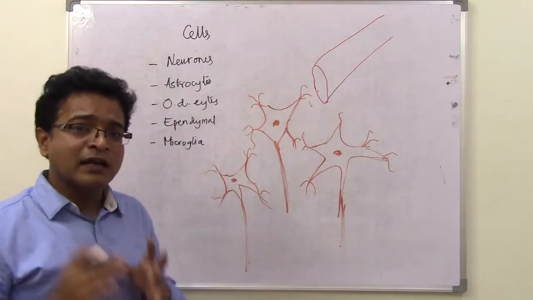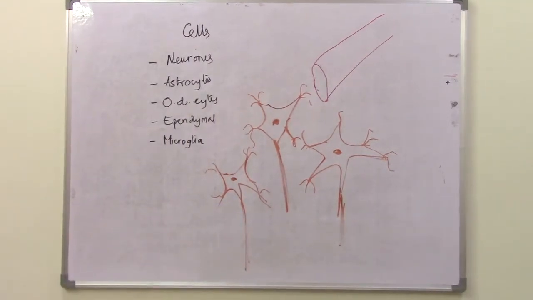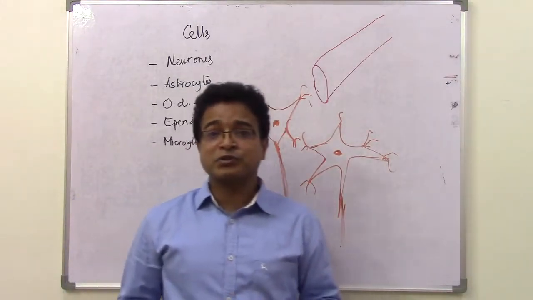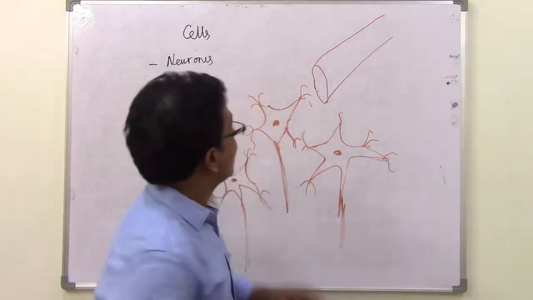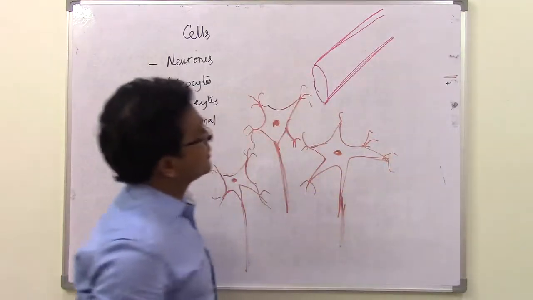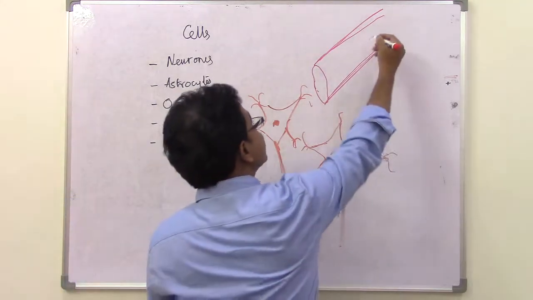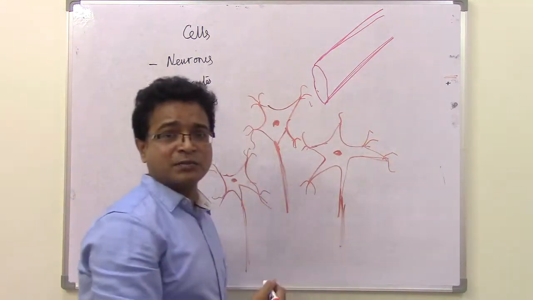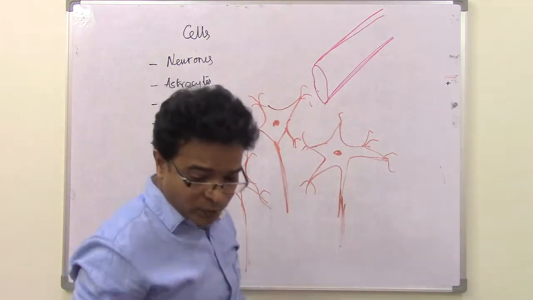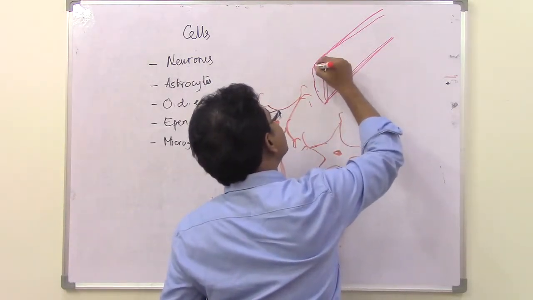Since nervous tissue is very sensitive, the constituents of the blood coming inside should be very closely watched and guarded. It cannot let everything in the blood enter, because it can harm the sensitive neuronal tissue.